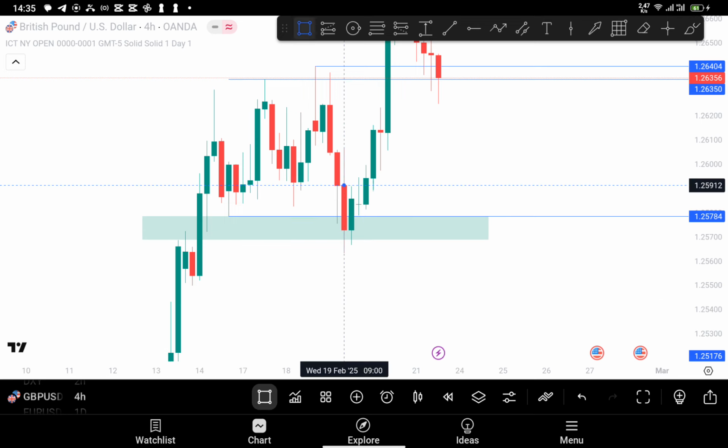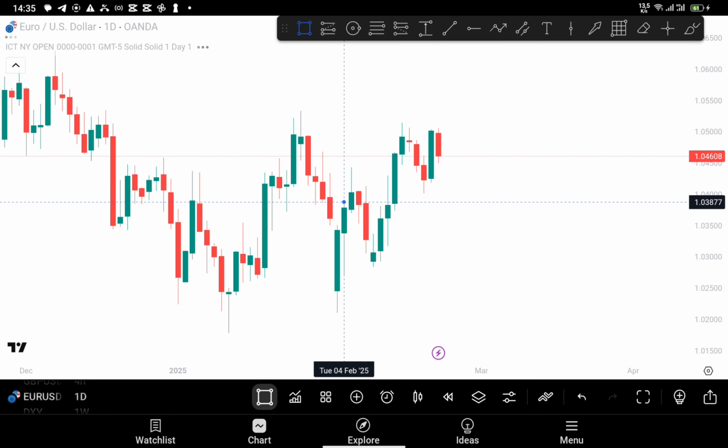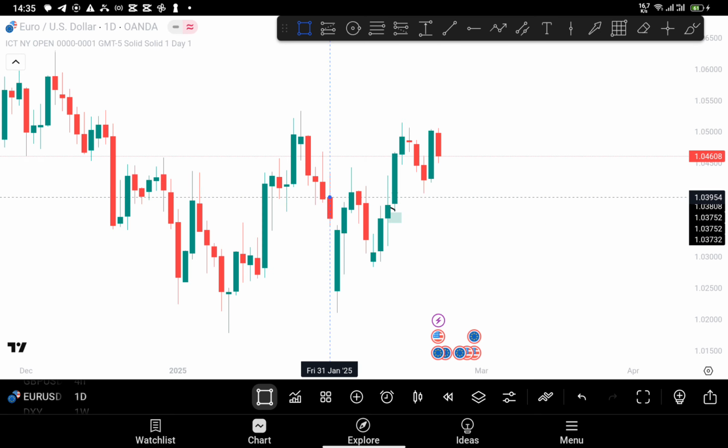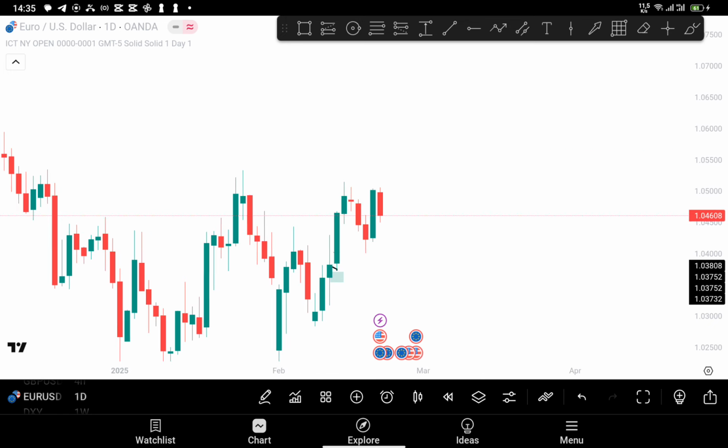So on a 4-hour time frame, okay, before I even go to 4-hour, I want us to look at the euro. Okay, so EURUSD was weak last week, compared to GBPUSD.